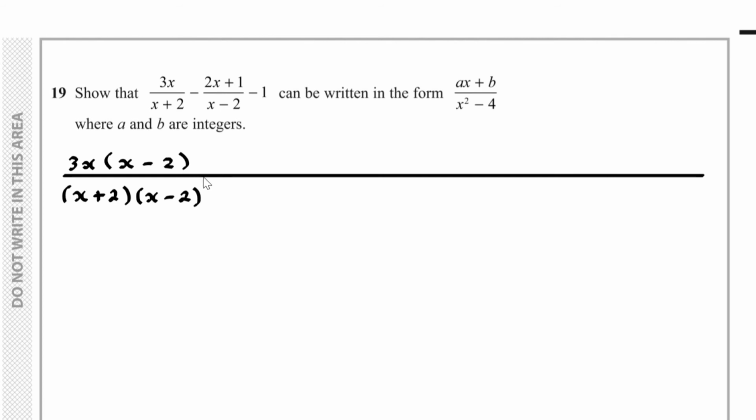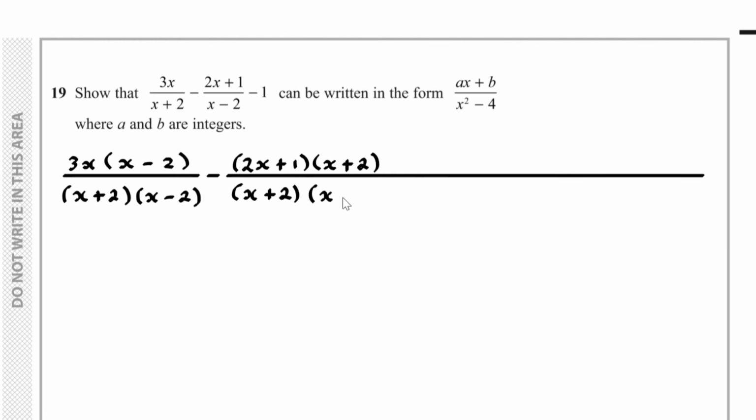And then we subtract 2x plus 1 over x minus 2. Well, if I've got the 2x plus 1, then what I need is an x plus 2 on the top and an x plus 2 on the bottom. Those simplify to 1.